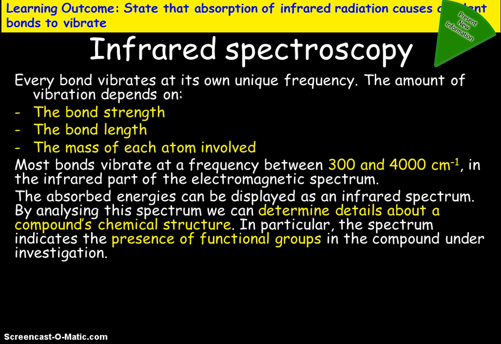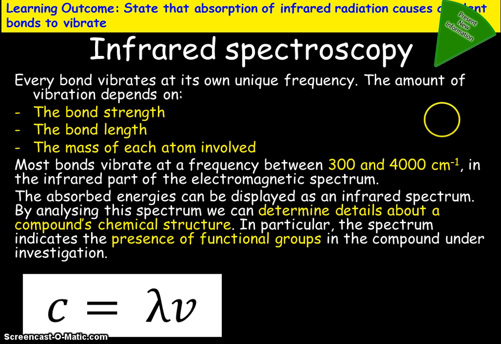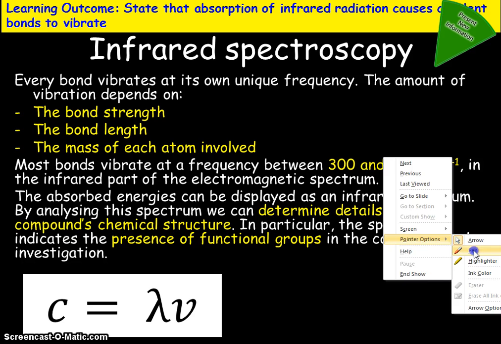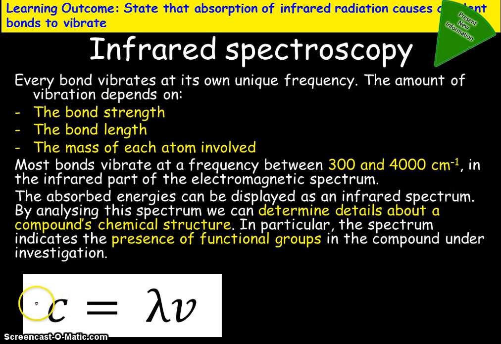We use it, like we said, to determine the functional groups present. Now, the wave speed equation tells us that the wavelength multiplied by the frequency will be equal to the wave speed. Now, because we're talking about light, the wave speed is constant. We don't use wavelength on our infrared spectra because if wavelength was to increase, then that means frequency would decrease.